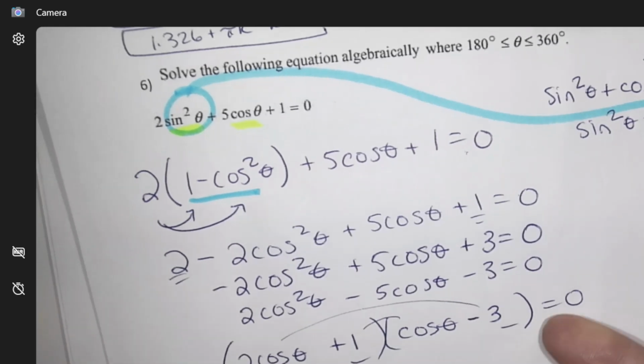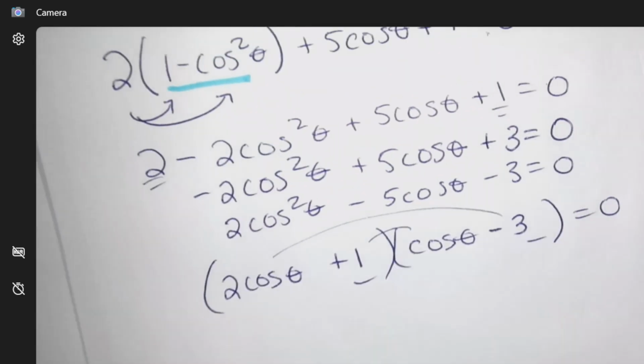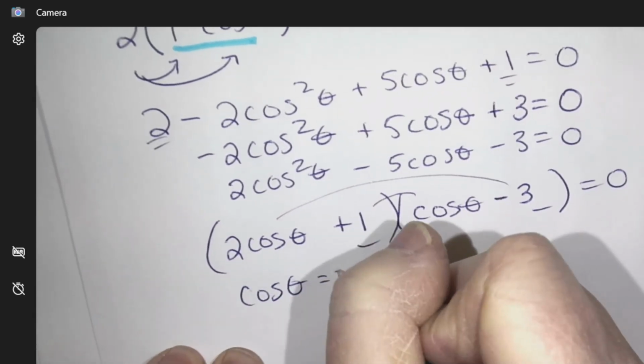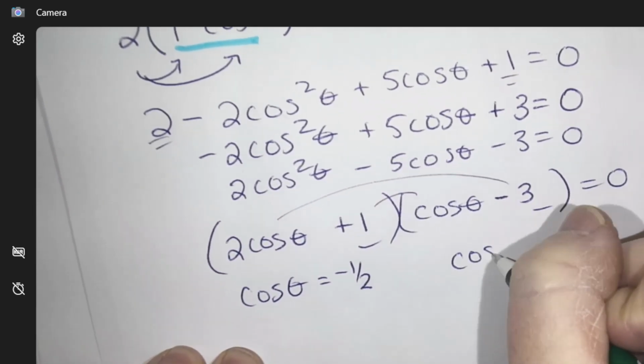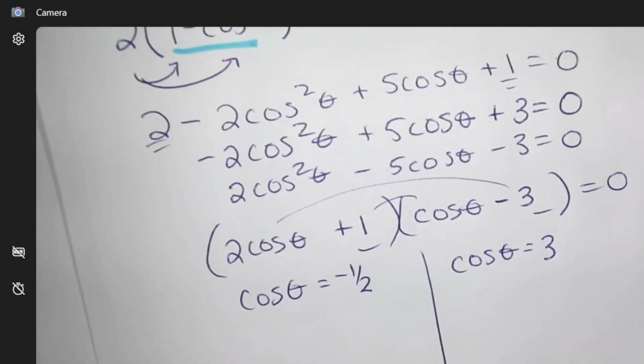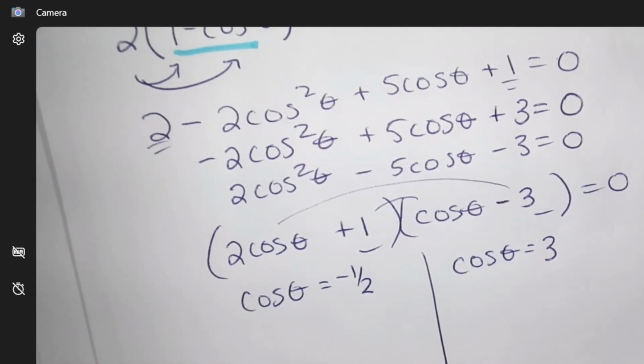Does it FOIL to that? You should always know how to do that. Okay, cos theta is -1/2 there. Cos theta is 3 there. I'm going to do the 3 answer first because it's super fast.